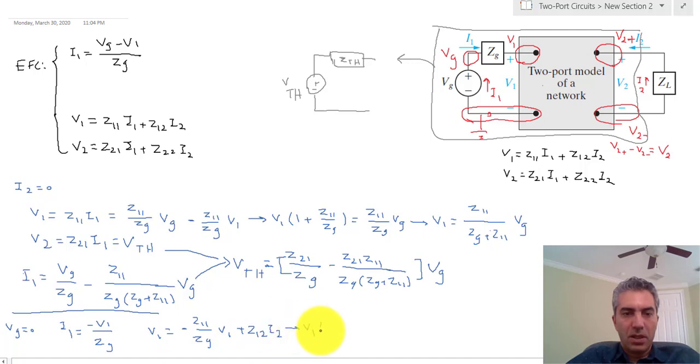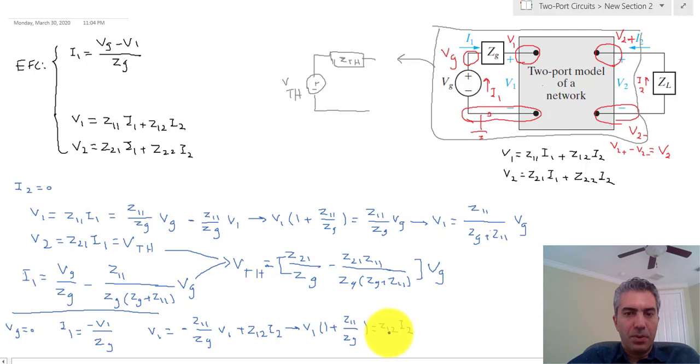That's V1 times (1 plus Z11 over Zg) is equal to Z12 I2. So from this I can calculate V1 as a function of I2.